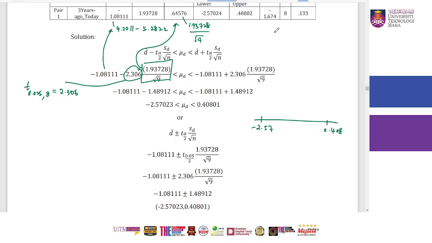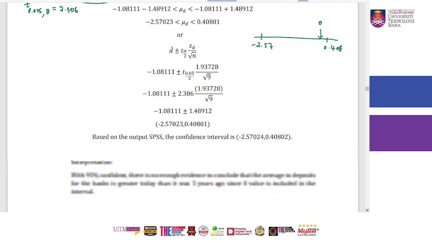Okay, so 0 is here. So that means 0 is in the interval. Meaning to say, nilai kosong berada di antara nilai confidence interval.